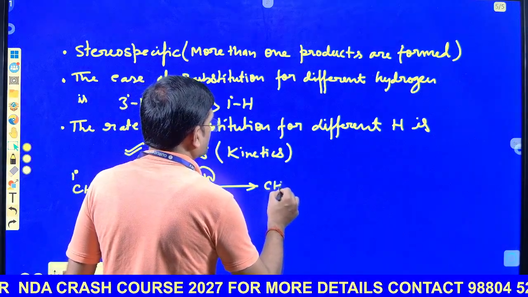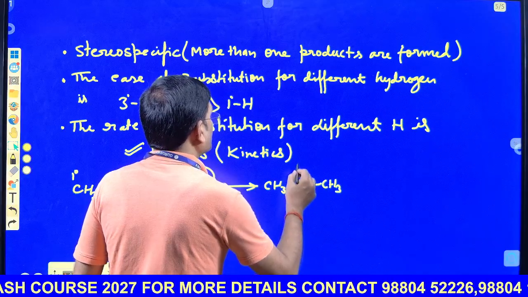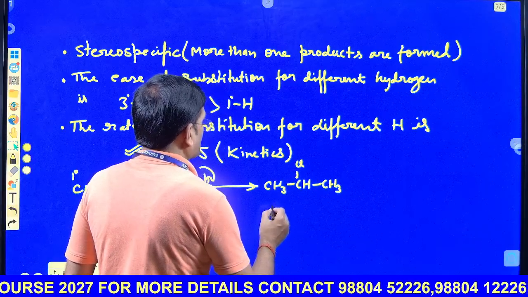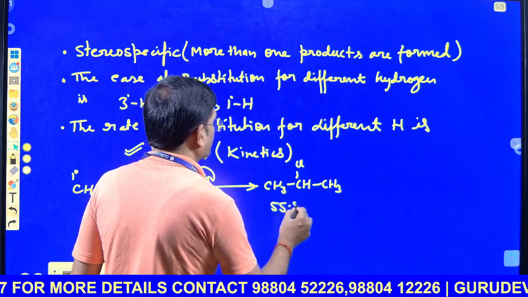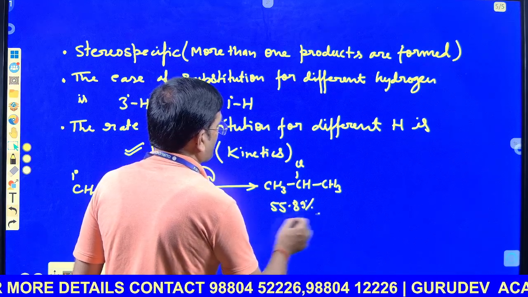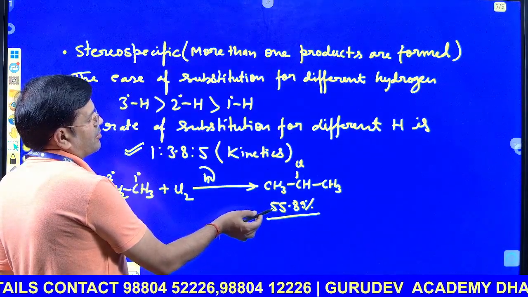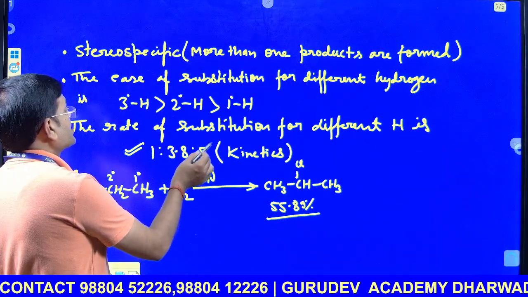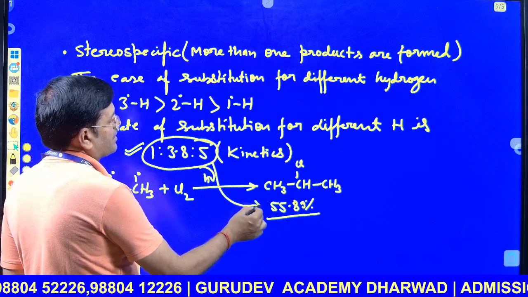CH3CH2CH2Cl, 1 chloropropane. Actually this one will form about 44.11%. You know, we will just calculate how this is coming out to be, because this data helps us to calculate the yield.